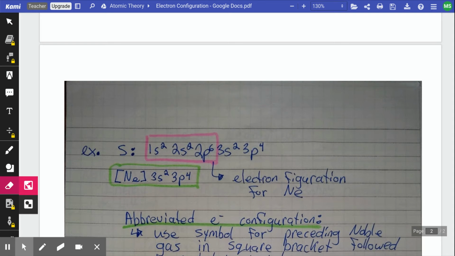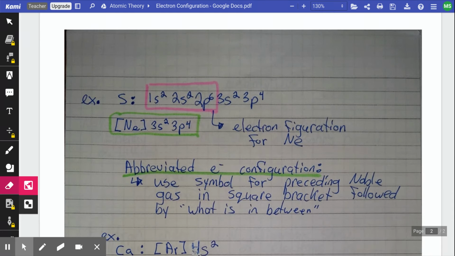Instead of writing all of that out, what you can do is use the symbol for the preceding noble gas in a square bracket, and then you follow it by what is in between. So what is left? In my example right here, what's highlighted in the pink box is the electron configuration for neon. So it's basically been replaced by the symbol for neon in a square bracket. And then I just have to continue with 3s2 and 3p4. So that's kind of like a scientist lazy way of doing it.